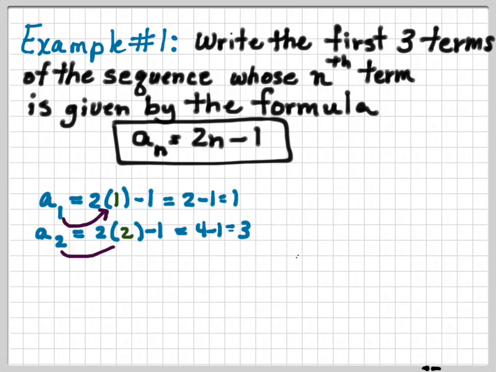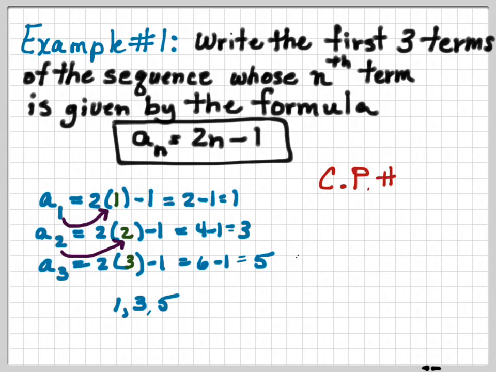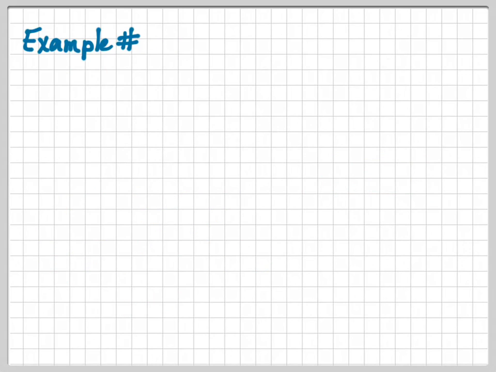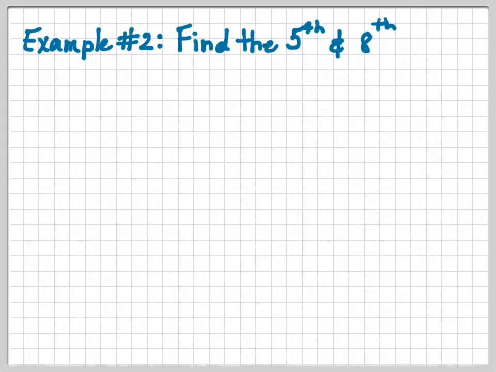Once again, I'm substituting the subscript n for the n in the formula. A sub 3 equals 6 minus 1, which is 5. So the first 3 numbers in our sequence are 1, 3, and 5. Go take a look at checkpoint number 1 for this lesson, and we'll get started on the next part.